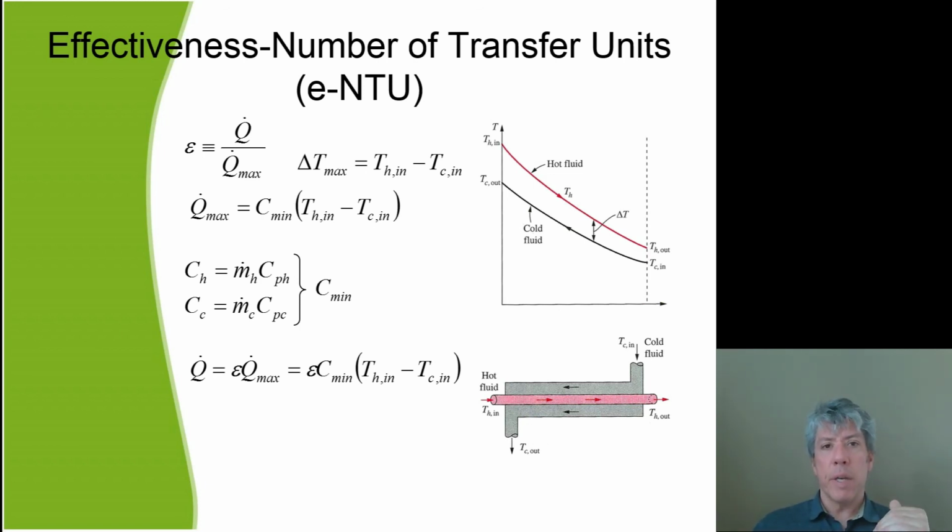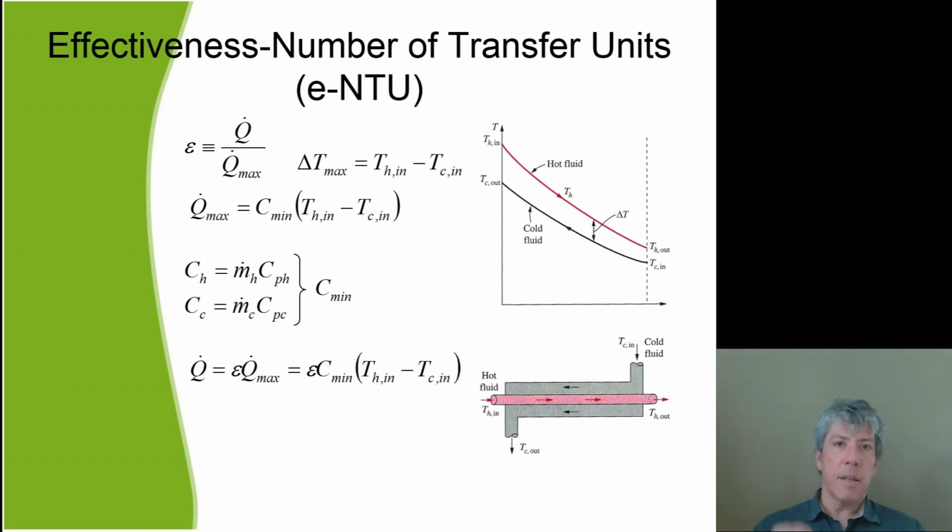Well, the reason is because the capacity rates really indicate which fluid is limiting the heat transfer. See, one of the fluids caps the heat transfer rate. It prevents the heat transfer rate from going above a certain amount. It's kind of like if you're driving with your foot on the brake, right? The brake limits how fast your car can go.